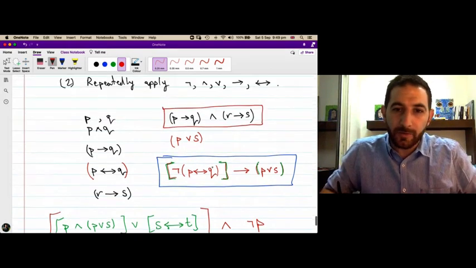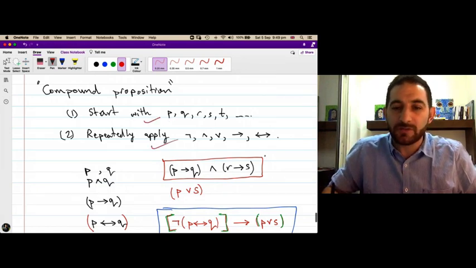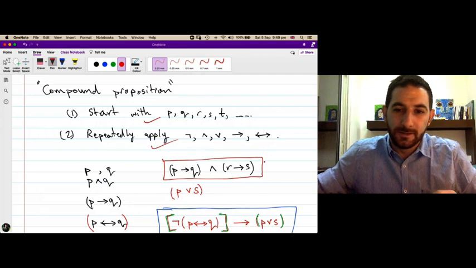So again, for a compound proposition, you start with the propositional variables and then you apply the logical operators to construct more and more compound propositions.